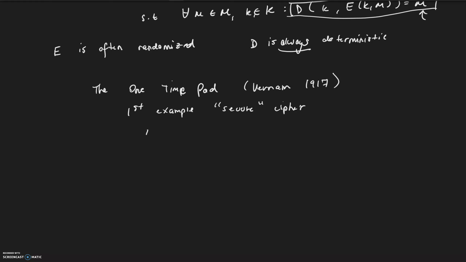The message space for the Vernam cipher, the OTP, is the same as the ciphertext space, which is just the set of all n-bit binary strings, all sequences of 0-1 characters. And K is essentially the same thing, the set of all n-bit binary strings.